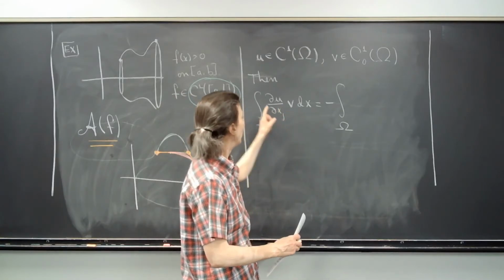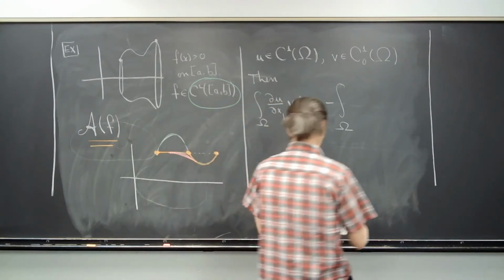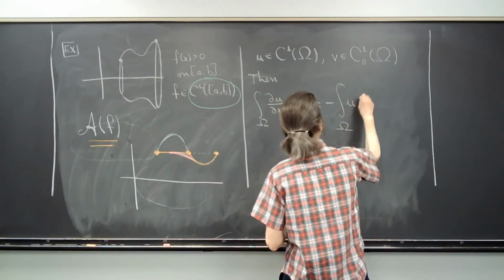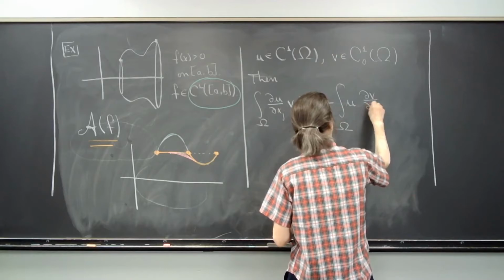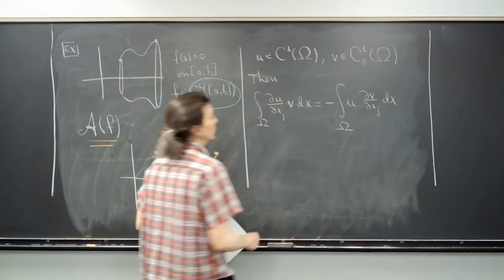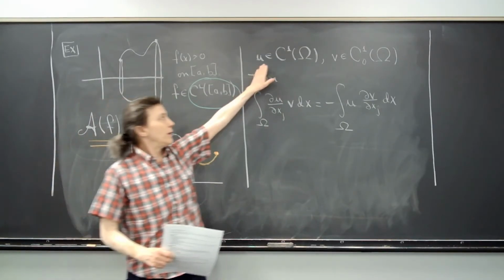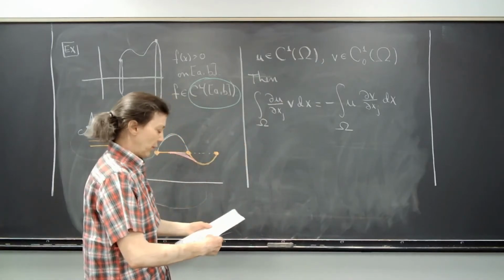So in your integration by parts, you just move this derivative off of U and onto V. Okay? That's integration by parts, where U and V are both nice C1 functions.